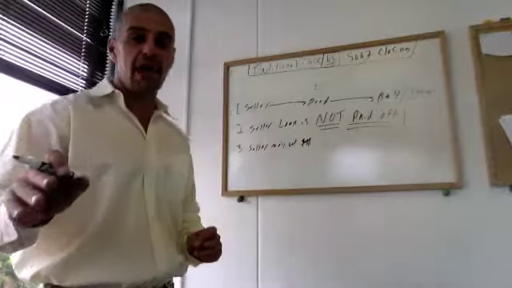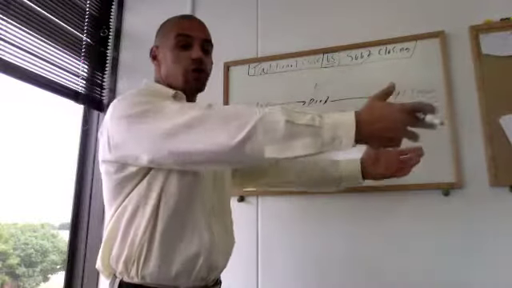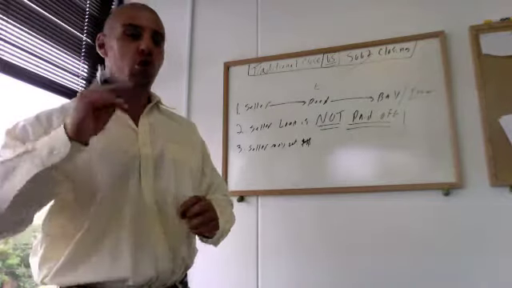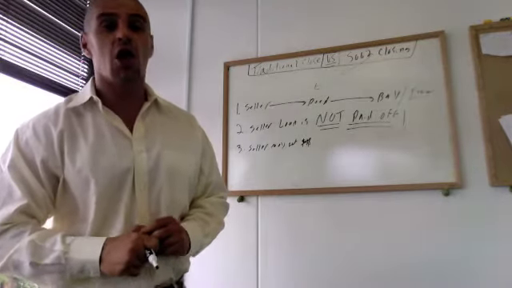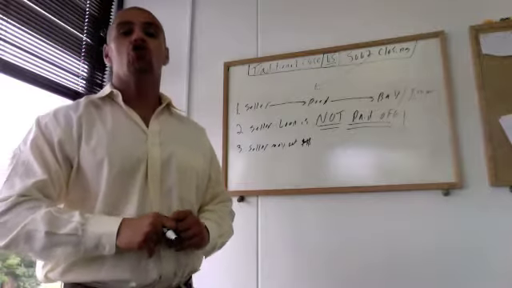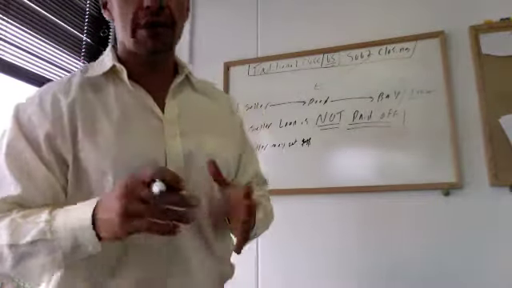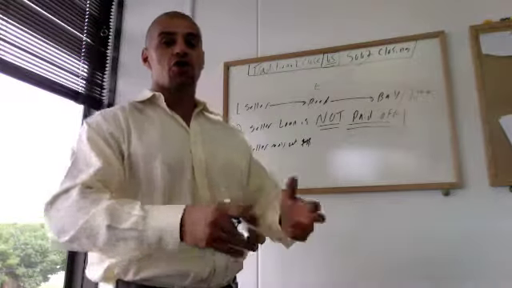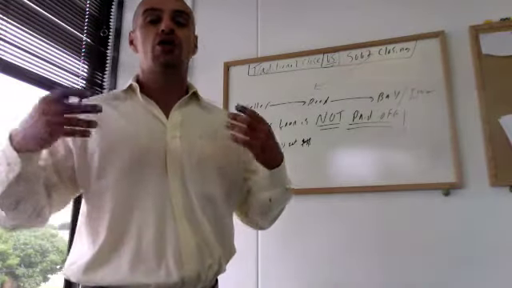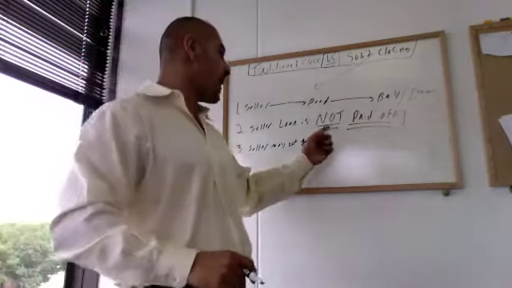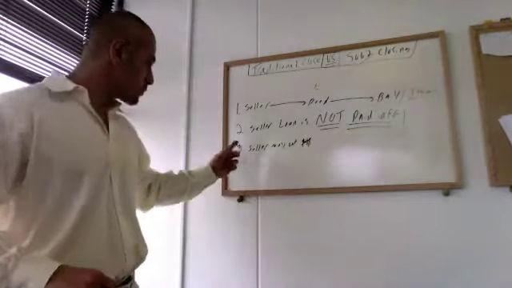Let me say that one more time. When the seller gives you the ownership of the property, you will not pay off his loan. You will not cash out his existing mortgage. You will not pay off his debt. Okay? So what that means is that you're just buying the property subject to the seller's existing mortgage.